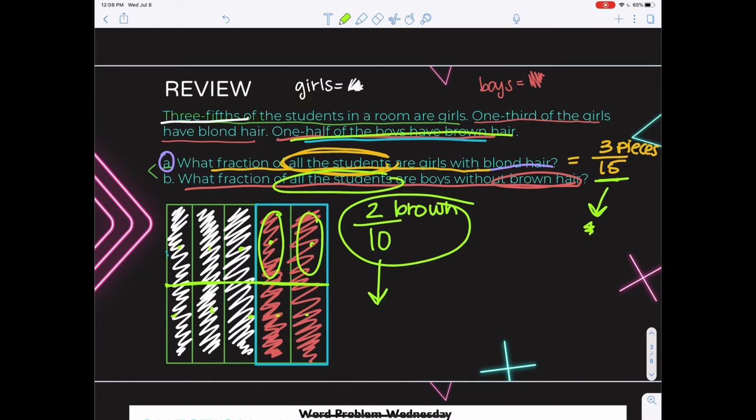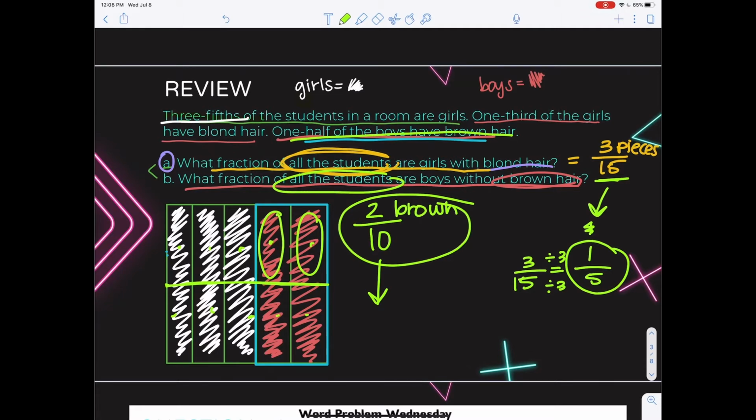So let's just go over how to simplify. So 3/15. I know that 15 is a multiple of 3. So I'm going to divide by 3 to the top and bottom. So 3 divided by 3 is 1. 15 divided by 3 is 5. So that's another answer you can get.